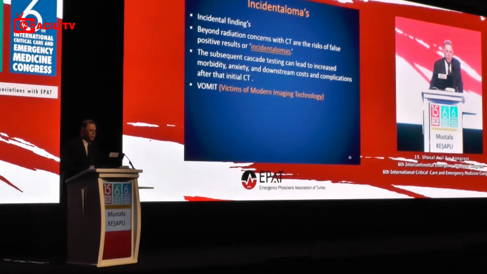And also, another disadvantage of the CT is the incidentaloma. You get an abdominal CT or anywhere, and you find a mass or some abnormality like this. We call that an incidentaloma. Approximately 80 to 85% of these incidental findings are benign, but your plan is changing.